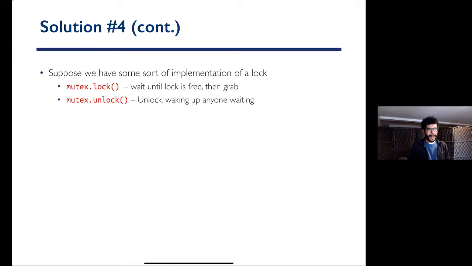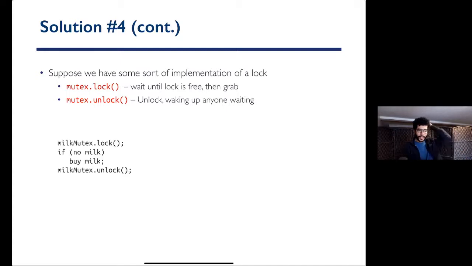Now, if we have this object, how can we use it to solve our problem? It's going to be super easy now. The way I'm going to code this time, this is solution number 4. This is my critical section. If you remember, I want to check if there is milk, and if not, go and buy milk. So I just put a mutex lock and mutex unlock before and after my critical section.